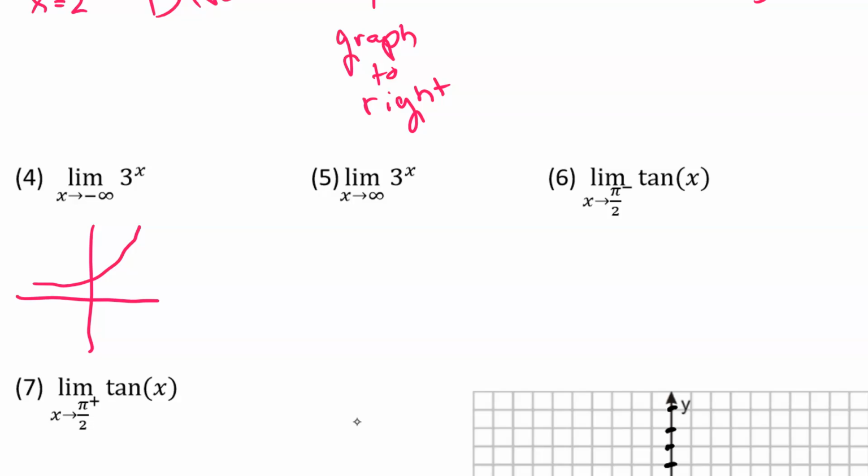So you shouldn't need a graphing calculator to figure that out. However, you could also use Desmos once again. As we go off to the left, negative infinity, it approaches 0. And as we go off to the right, we're going up forever, so it approaches infinity and does not exist.